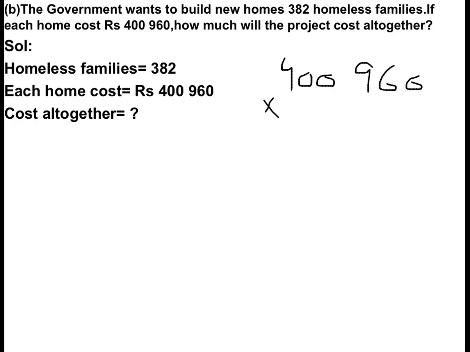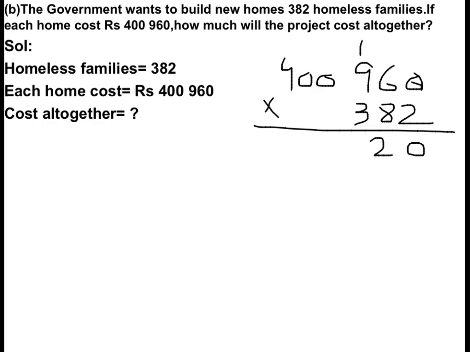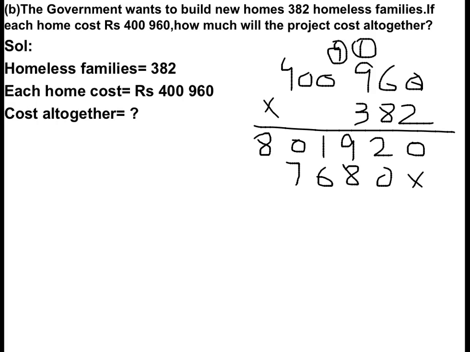400,960 multiplied by 382. 2 0 0, 2 6s are 12, 1 carry, 2 9s are 18, 18 plus 1 is 19, 0 2 0 0, 2 4s are 8, 3 0 8 0 0, 8 4s are 8. 6s are, yes student, 8 6s are 48, 4 carry, 8 9s are 72 plus 4 is 76, 8 0 0, 8 3s are 8, 4s are 32.